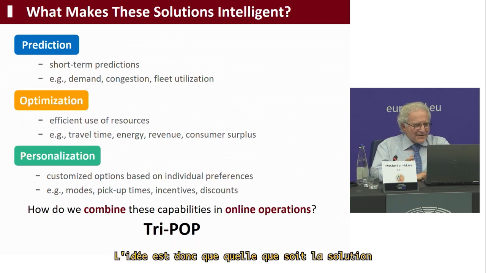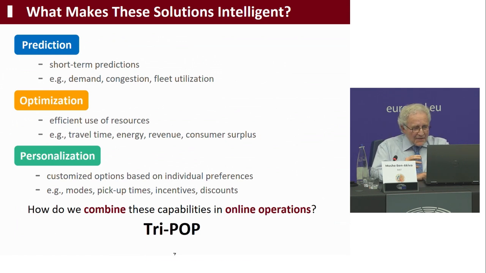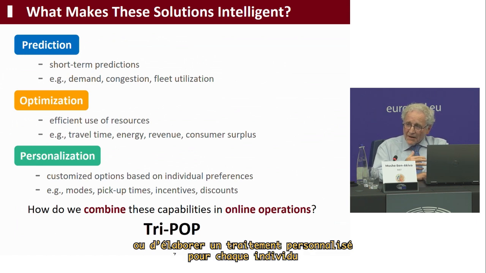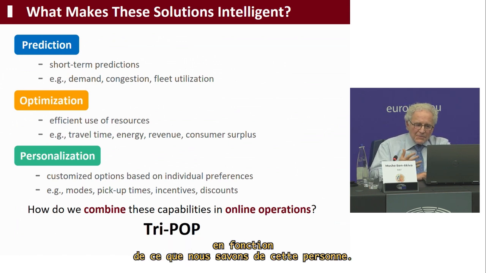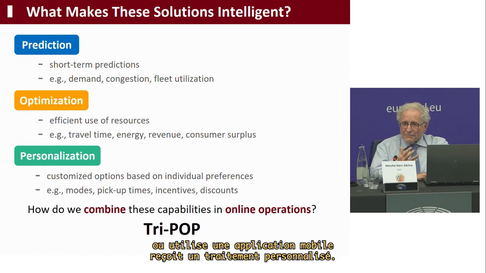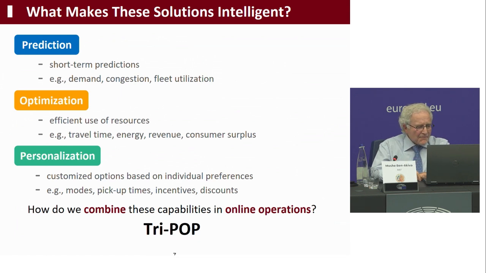The idea is that whatever solution we are going to work on, can we have a customized solution, or take the solution and develop a customized treatment for an individual, given what we know about that individual. And there's a lot of personalization going on. Everybody who is getting on the web or any kind of mobile application is getting a personalized treatment.